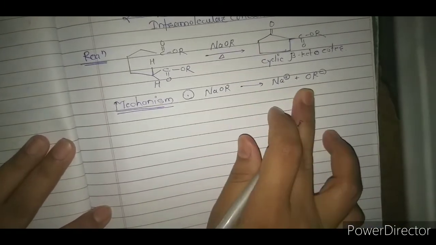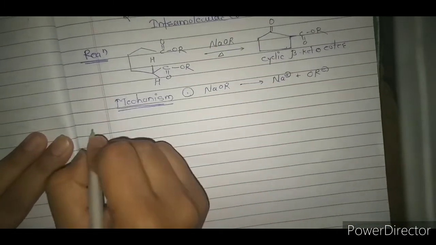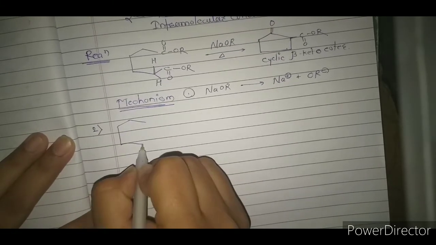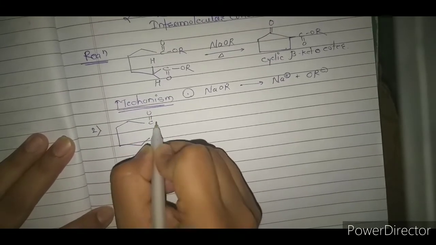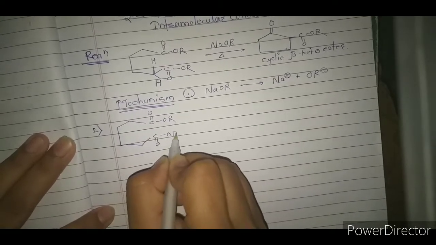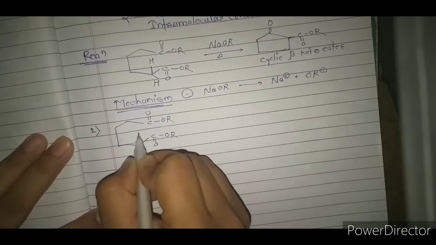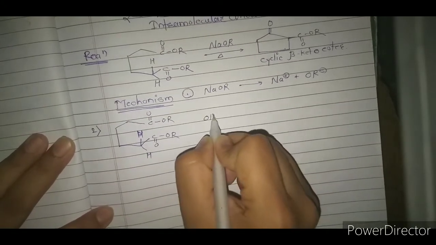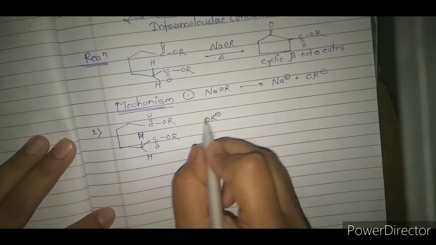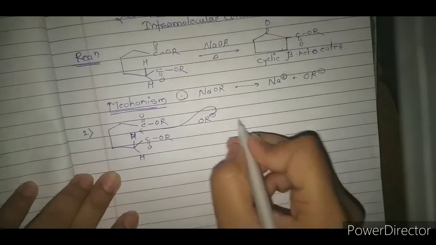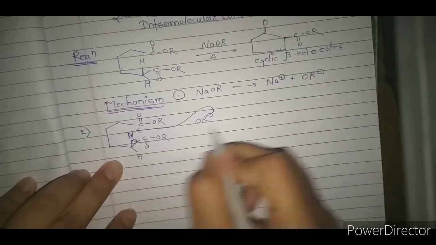In the next step, this alkoxide ion abstracts a proton from the diester.